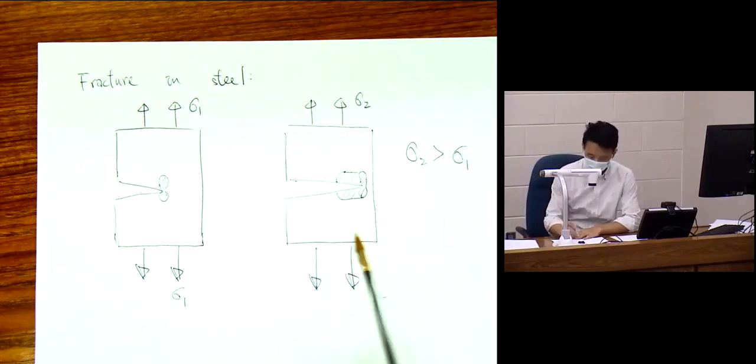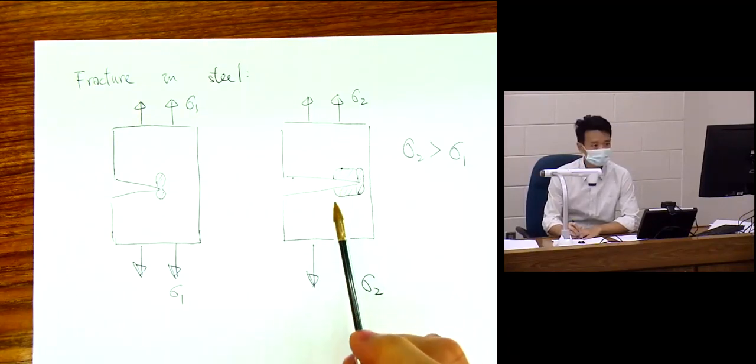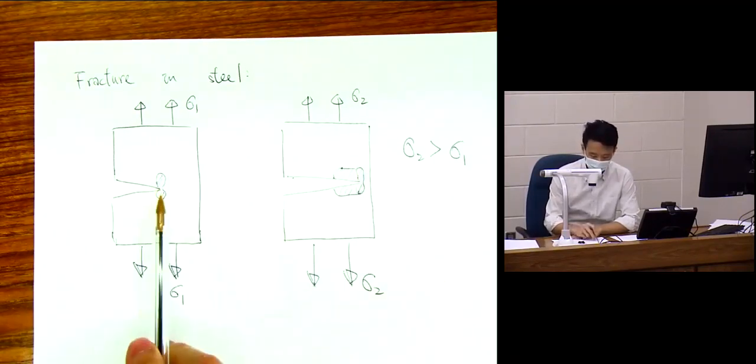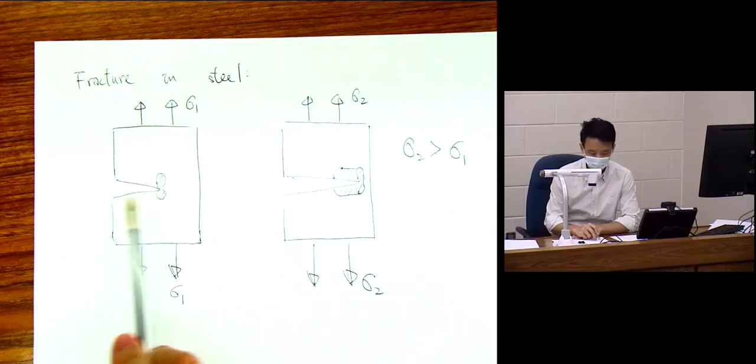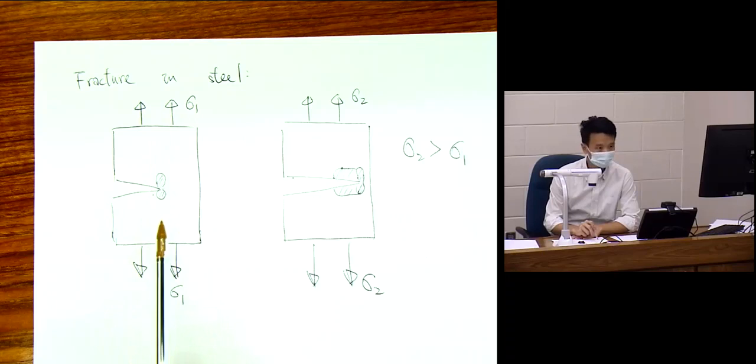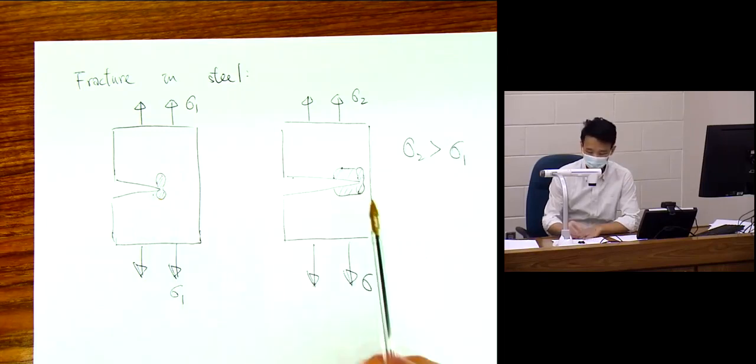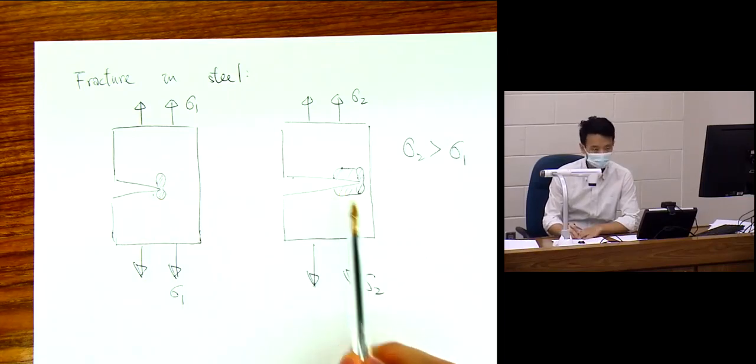So I hope you can understand this picture, right? Because at the beginning, this is the pre-cracked state. The crack already exists in the steel. I put stress on. It starts plastic deforming at the tip, and I increase the stress.